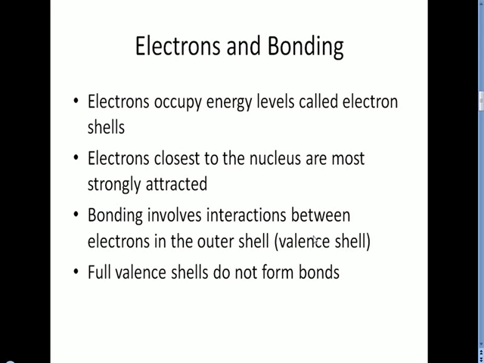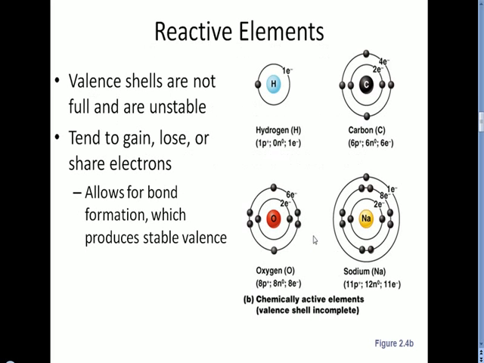Some kinds of atoms have full what are called valence shells or outer shells. In that case, all of the electrons are very happy being where they are, and they don't form any kind of bonds. But if the outer valence shells are not completely full, that atom isn't completely happy, and it's going to be trying to trade electrons in one way or another to make a bond.